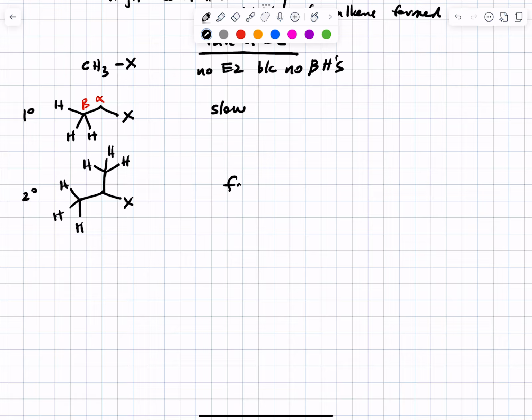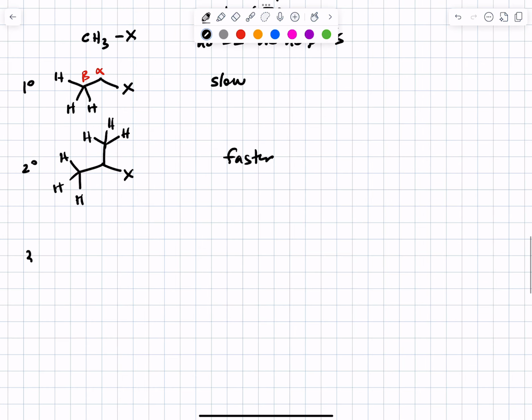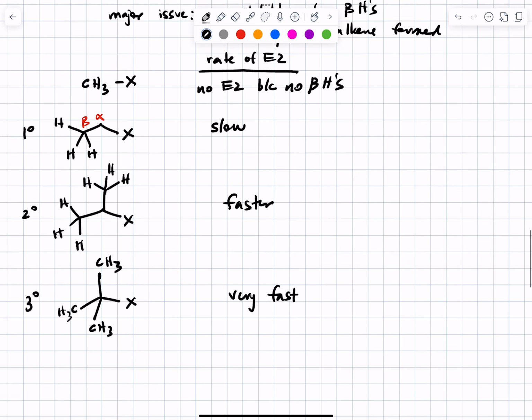So it's a little bit faster for secondary alkyl halides. And then for tertiary alkyl halides, it's quite fast. I won't draw out all those CH bonds, but we'll say that E2 is very fast for tertiary alkyl halides.